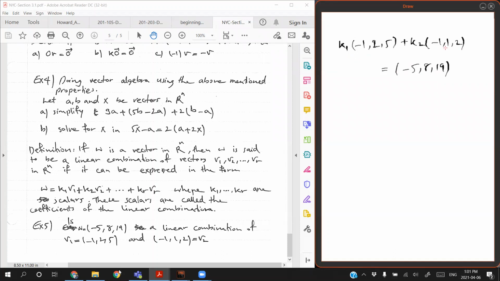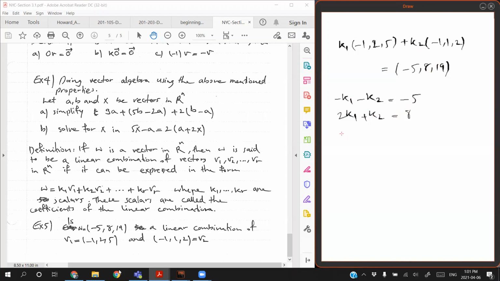Because if you do the left side of the equation, for the first component, you're going to get minus K1 minus K2, and that is supposed to be minus 5. The second component, 2K1 plus K2, that's supposed to be 8.